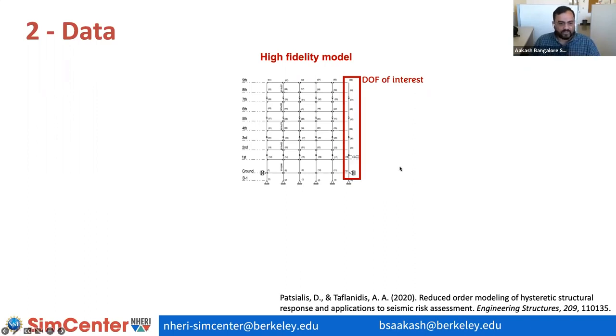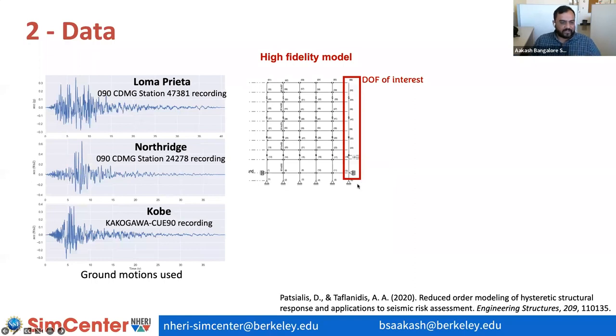The specific ground motions that we would use and the number of ground motions that you want to use should be carefully selected based on the requirements of the analysis that you are interested in. In this example, the 3 ground motions that are shown on the slide were used to generate the data. The selected ground motions cause a significant nonlinear response in this high fidelity model.